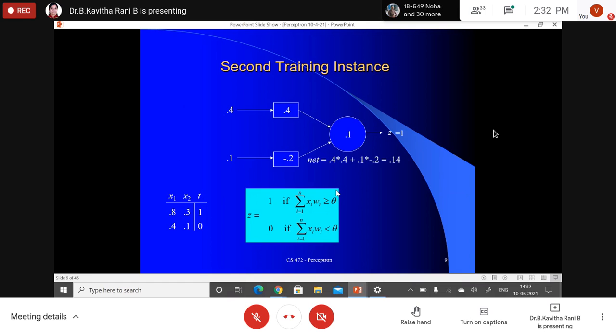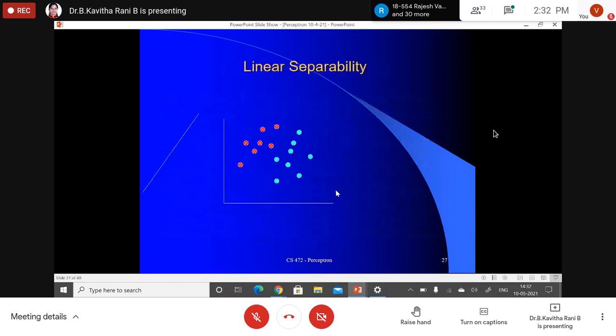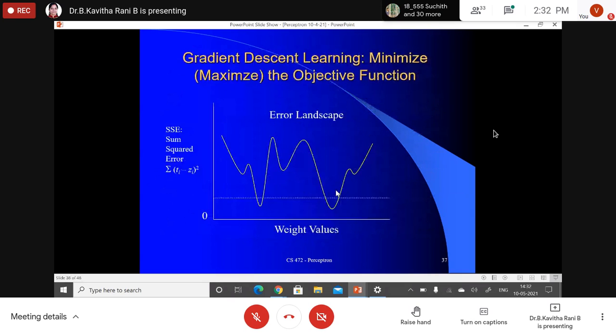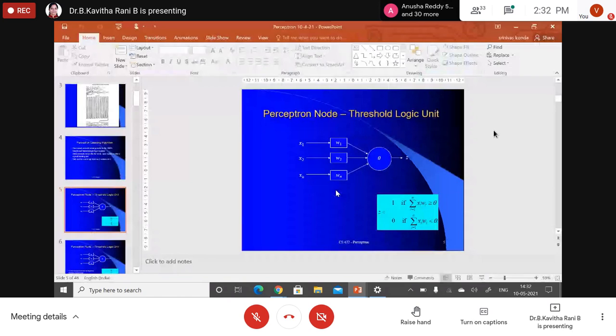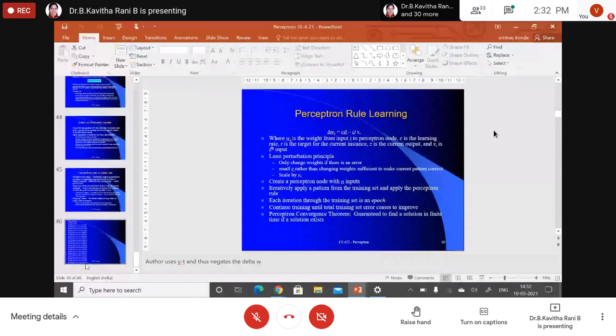So here the example is there. You can see how it has been done. We have used epoch is equal to 1.